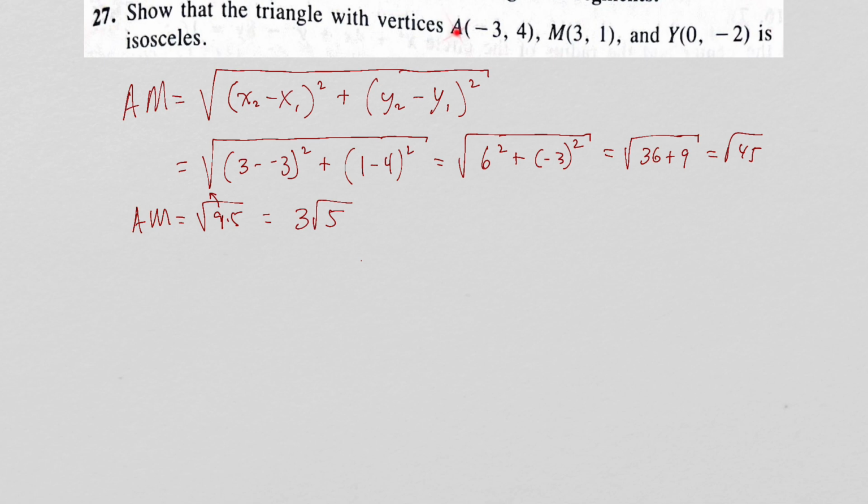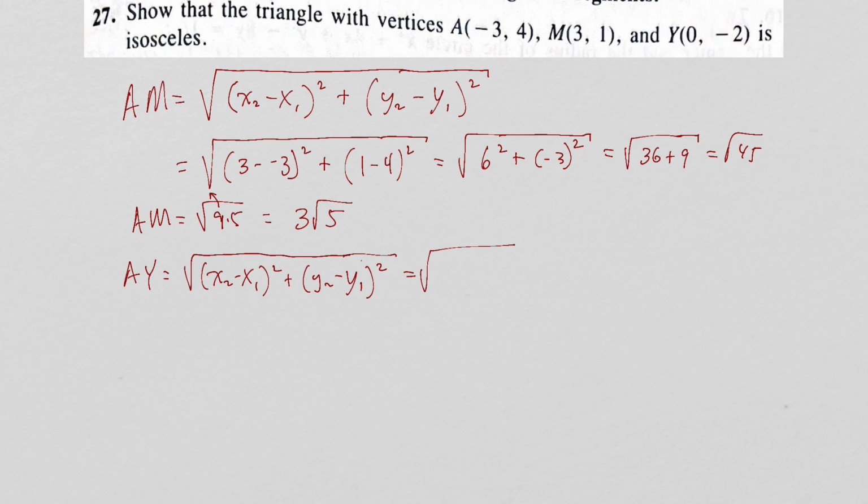Now let's find the distance between A and Y. AY is equal to the square root of x2 minus x1 squared plus y2 minus y1 squared, which is, we'll call this point 2.